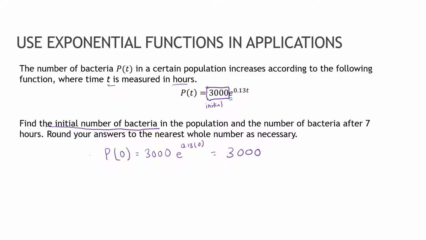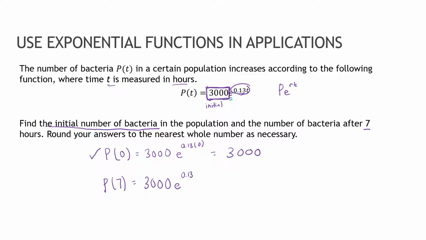Now, did I need to do all of this work to find that? No, because I know what an exponential function looks like. Then the 0.13 is essentially the rate, because remember, it was Pert. Oops, r and t are the exponent. And so the rate is 0.13 and the time is t. So now if they tell me to find P of 7, hours after I started, then I'm just going to write that same equation.